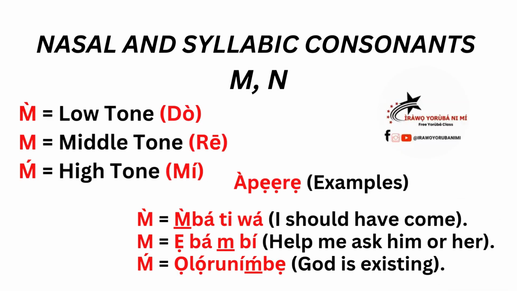Nasal and syllabic consonants. These are mi and ni. In a previous slide, I mentioned that I was going to come back to these two consonants. This is because mi and ni are the most important consonants in the Yoruba language. Why? It is because they help us to categorize words into syllables.